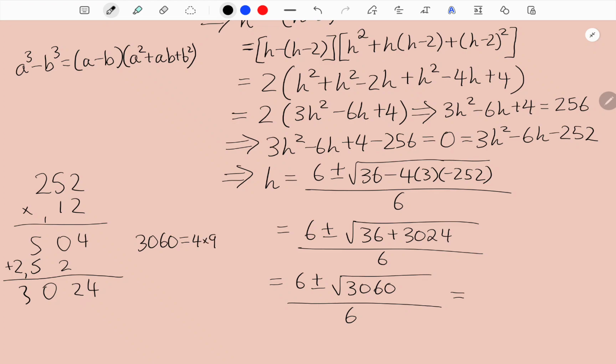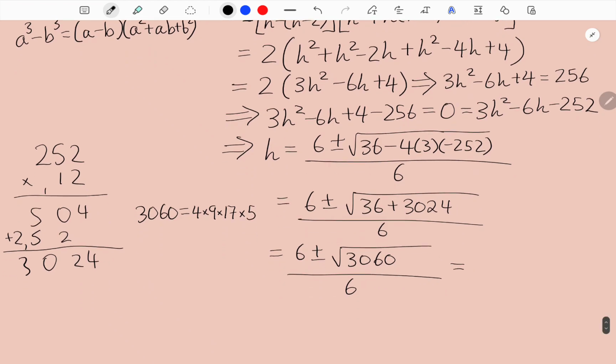I actually did this beforehand. If you take the square root of 3060, that's the same thing as taking the square root of all of these numbers multiplied together. So the square root of 4 times the square root of 9, which is 2 times 3, which is 6, and then the square root of 17 times 5 is 85.